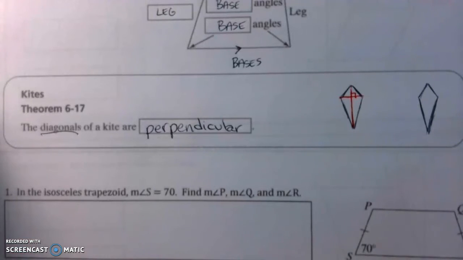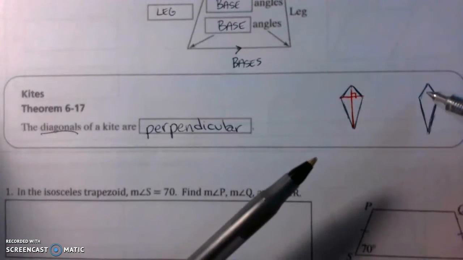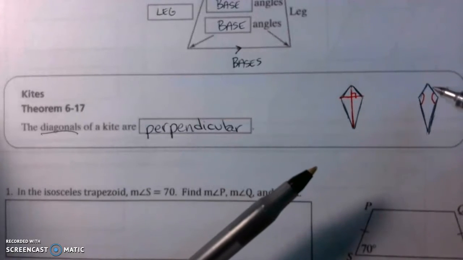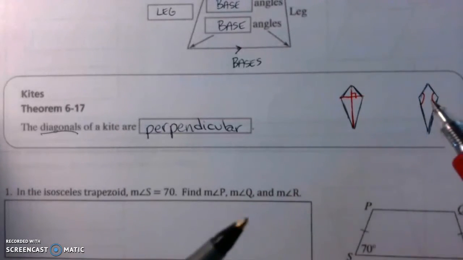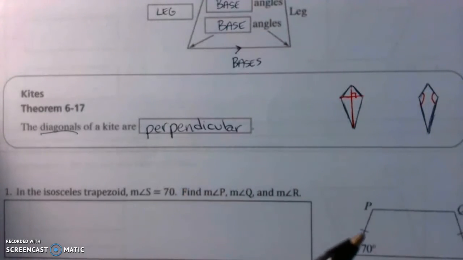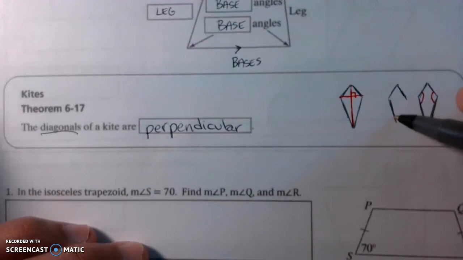Okay. Now with a kite, there's also some other little things that occur, but they're not really flat out theorems. For example, if you'll notice, this angle on the left is equal to this angle on the right, but this angle at the top is not the same as this angle down here at the bottom. Okay, so there's one pair of equal opposite angles, but not the other pair. Also, with a kite, if you draw the diagonals, you'll notice that one diagonal bisects the other, but not both.